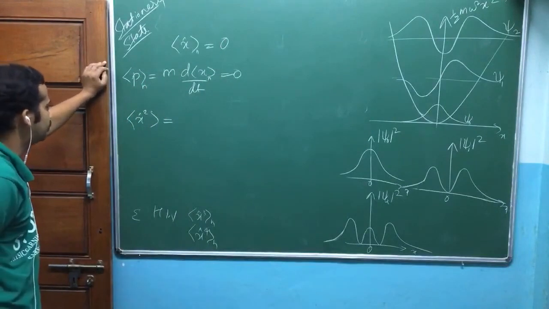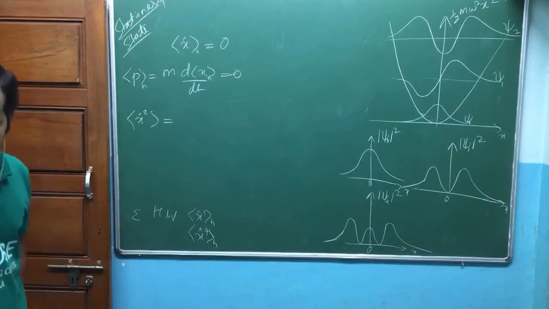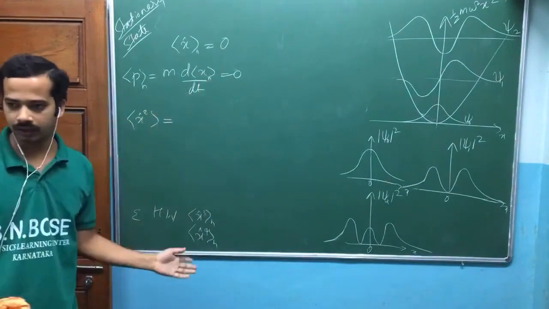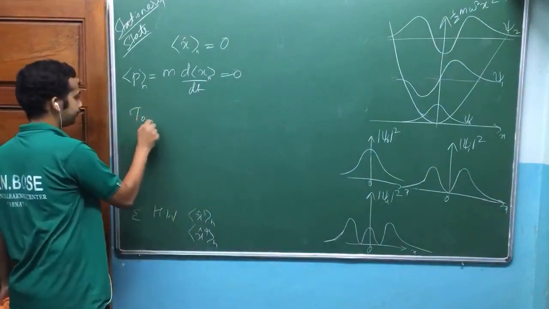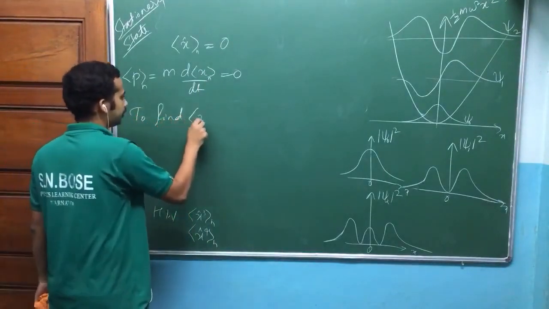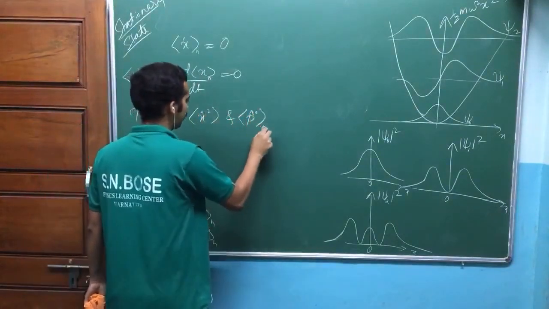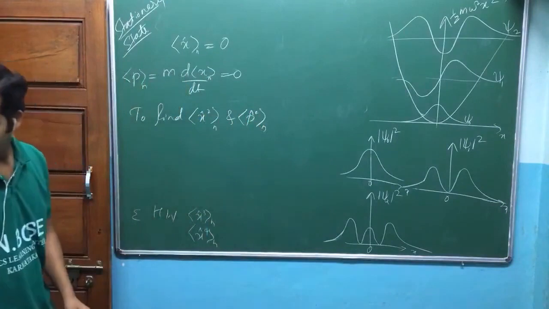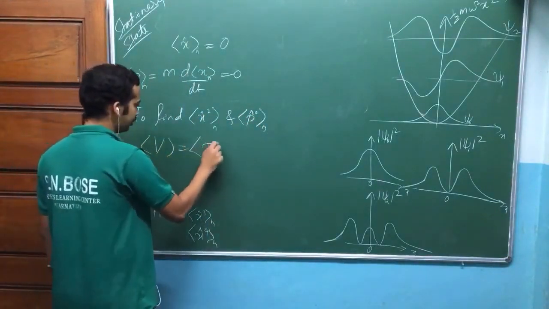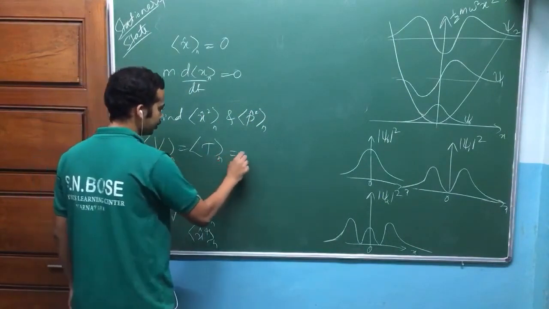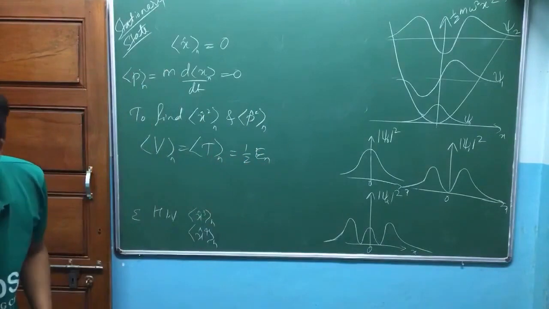Now x cap square. How do you find this one? While finding this one, again you should take the x cap operator, you should take the square, and we did that. What you can remember to find expectation x cap square and expectation p cap square for the nth stationary state, you had better remember this one. Expectation V is equal to expectation T for the nth stationary state, which is equal to half of E n, that is half of (n plus half) h bar omega.